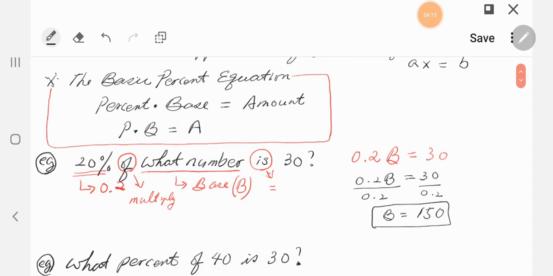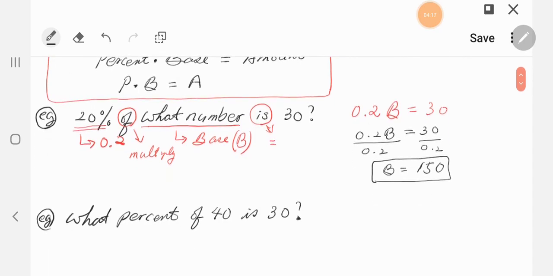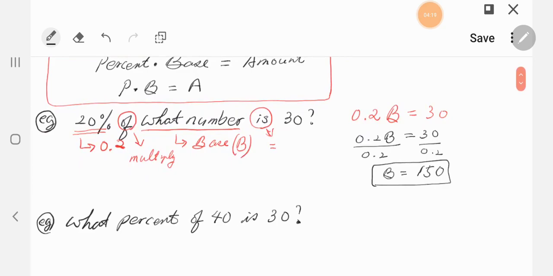All right, let's try the next example. What percent of 40 is equal to 30? This is always the same. This is the percent, this is the base, and this is the amount.